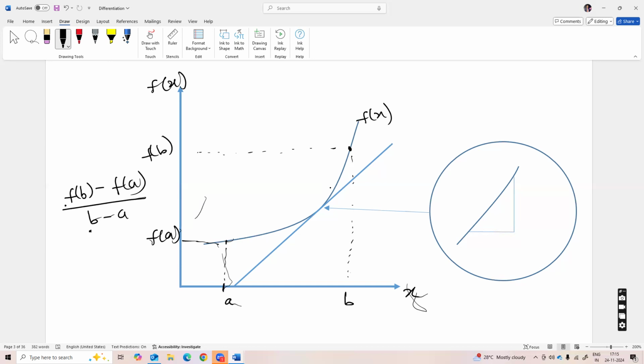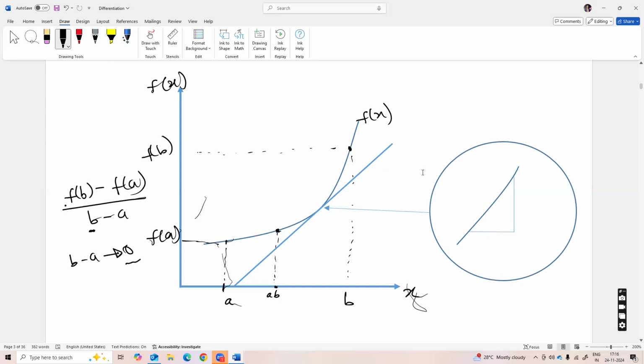But if these two points are very close to each other, one point is here and the second point is overlapping, if a comes here and b comes here, they are almost touching each other, and b minus a tends to 0, then the change in function with respect to change in value of x will give you the instantaneous variation of that function.